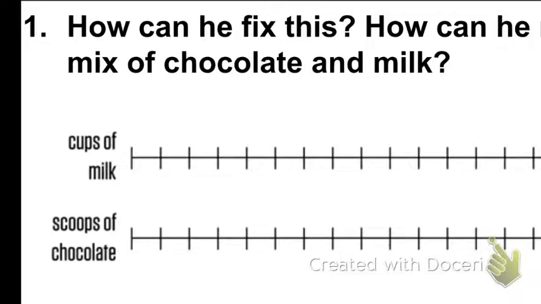The other one you need to find how we can add more milk.